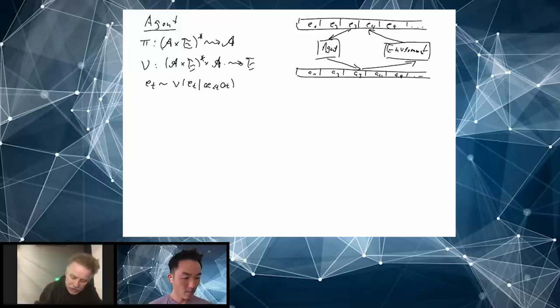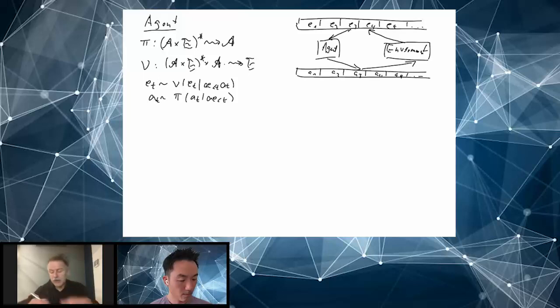And the actions are sampled from the policy, or for a deterministic policy, just a deterministic output action given the action-perception history. You start at t equal 1 with no conditions, and you generate them based on the product. So this is the AE tuple, all the pairs of AE up to less than t.